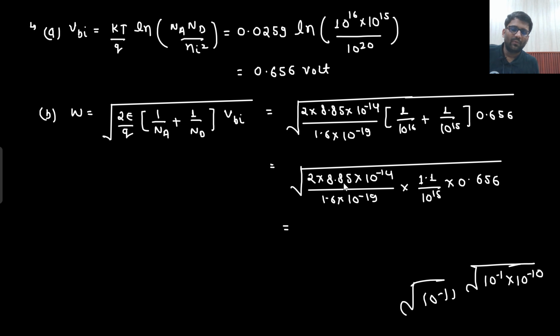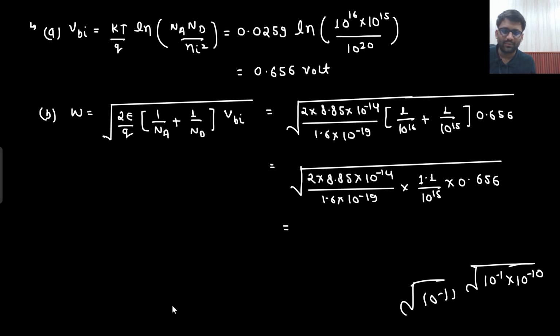Okay. So now what I can see, 2 into 8.85 divided by 1.6 into 1.1. 2 into 8.85 into 1.1 into 0.656 divided by 1.6, then you take the under root.